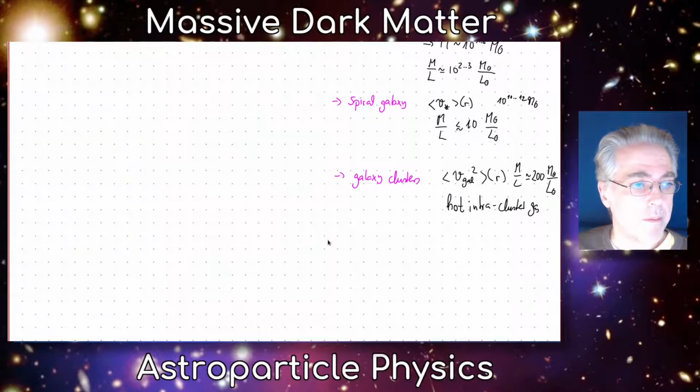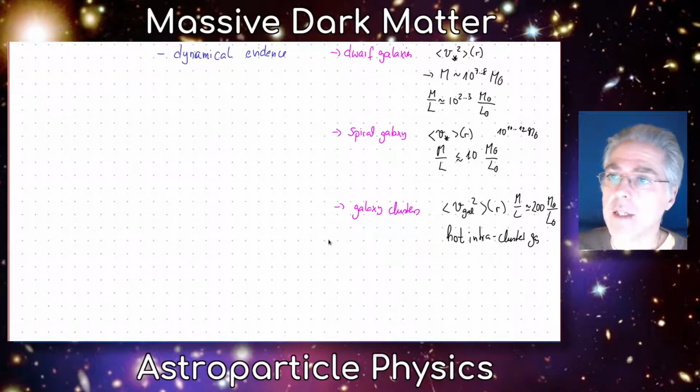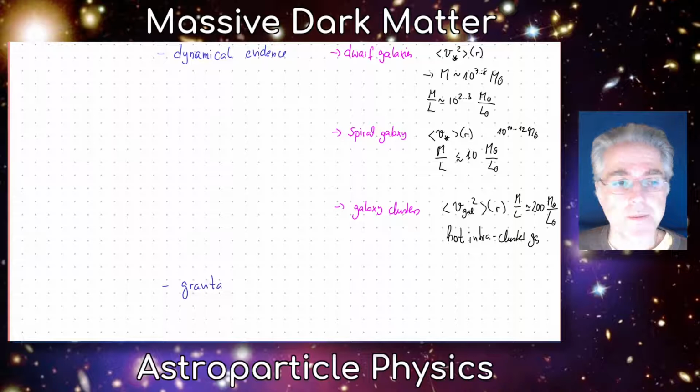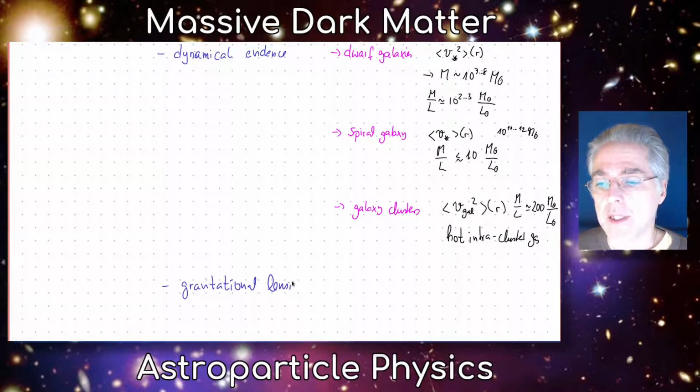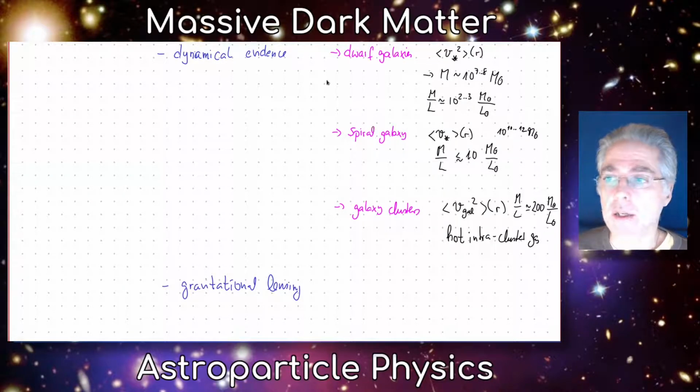Then the next way that we can measure the mass of the system, again through gravitational interaction, is gravitational lensing. This is used in various contexts, so this is really a broad field, but broadly speaking there are two different approaches.